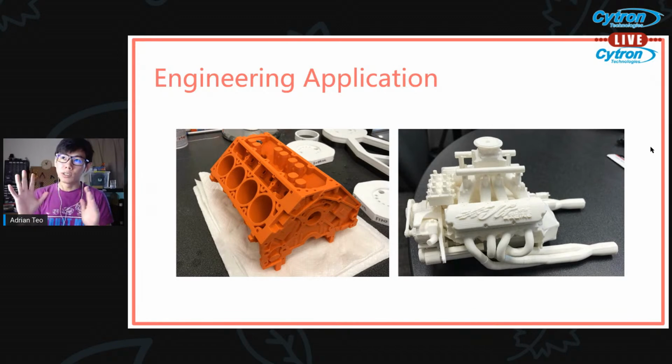One of the things you can do is engineering applications. When we say engineering application, it only means that the stuff you print out is more rigid, more durable, and can perform more sophisticated tasks. In this case, an engine or a jet turbine, or these heavy duty machines can also be printed using a 3D printer.